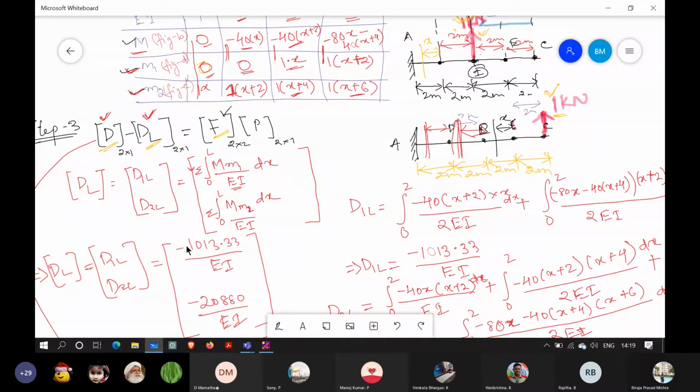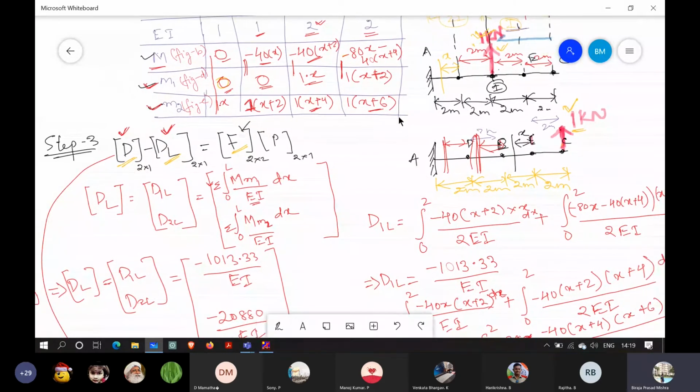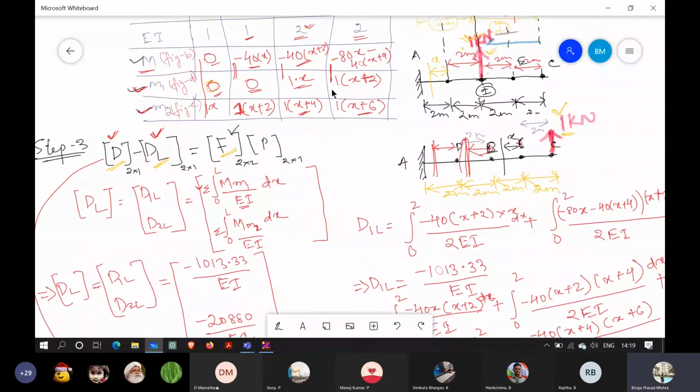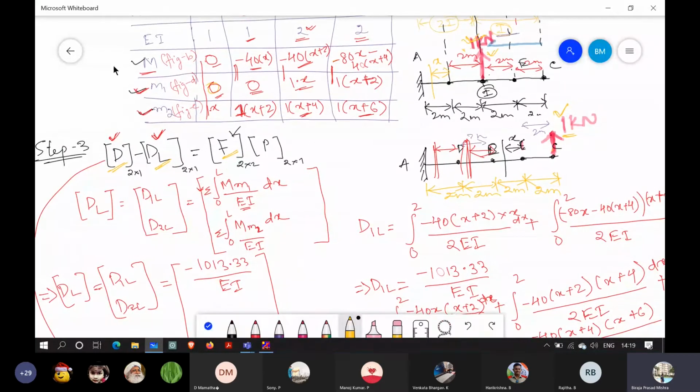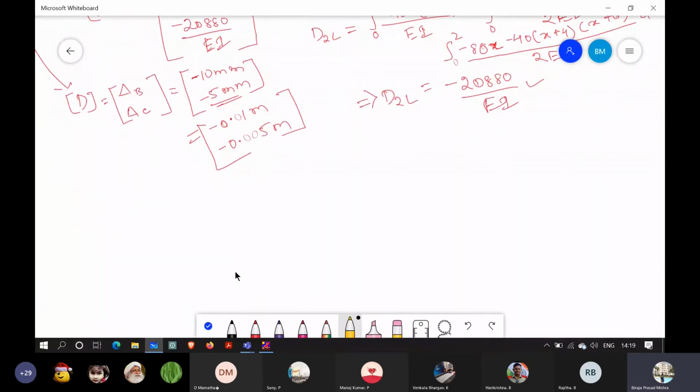I will use these formulas, not these entirely, only these two values I need. Pay attention to your notes in which you are writing so that you can understand that one.